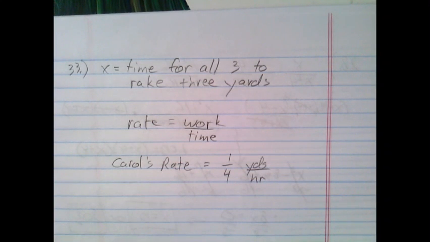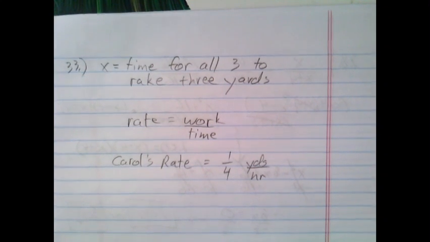Now, the reason we want to think in terms of rates is because the rates add up. Their times don't really add up, because when they work together, the total time actually gets smaller. But their rates add up. If you and I are working together, and you work the same speed I do, then together we're working twice as fast. The rates just add.